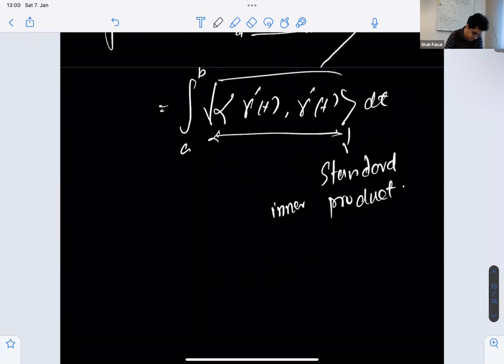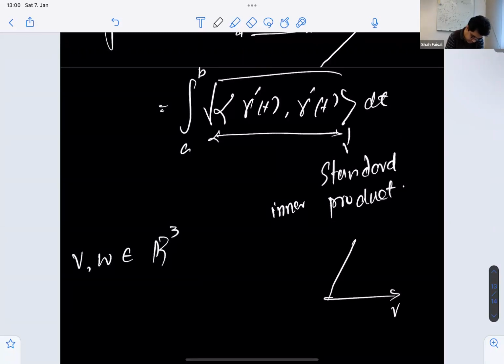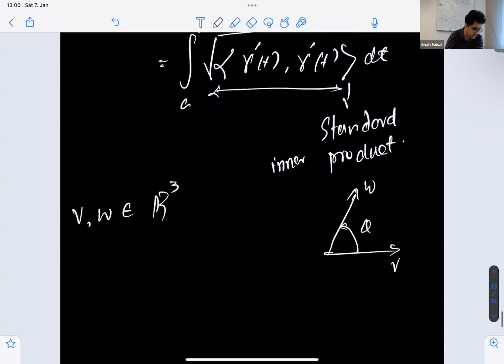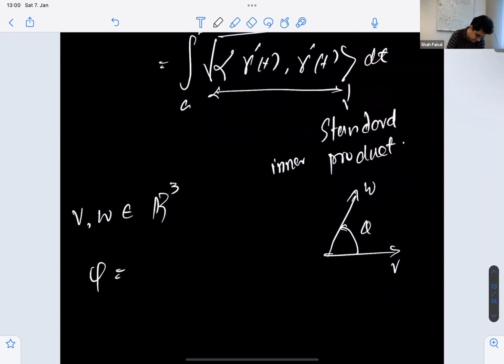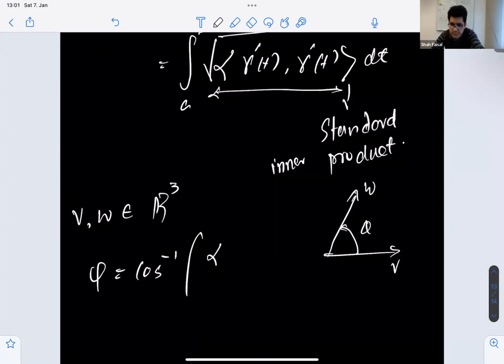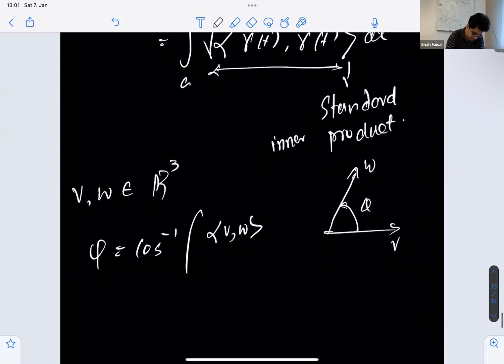Similarly, if you have two vectors in R3, let's say V and W, you can define an angle theta between the two, and it is given by the cos inverse of the dot product of the two, divided by the product of the norms.